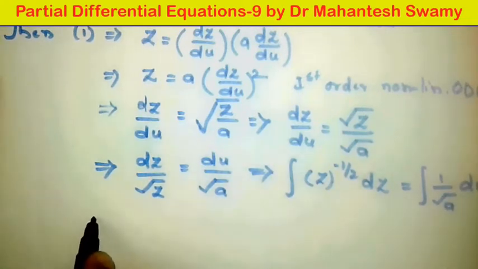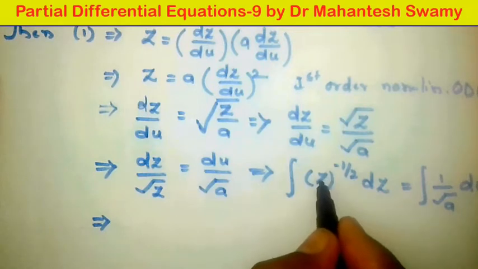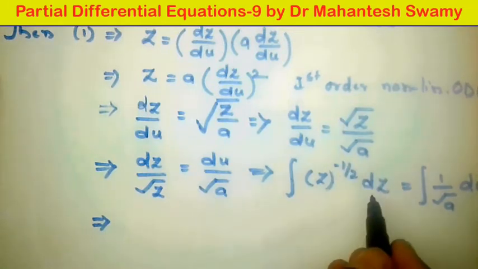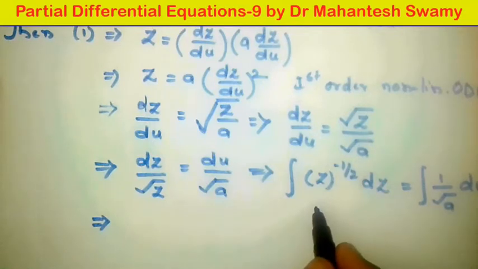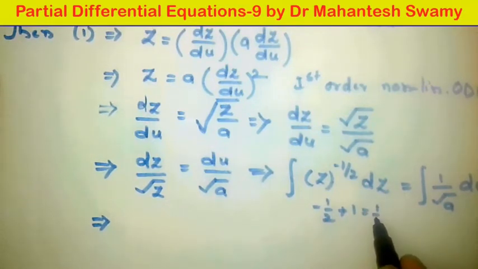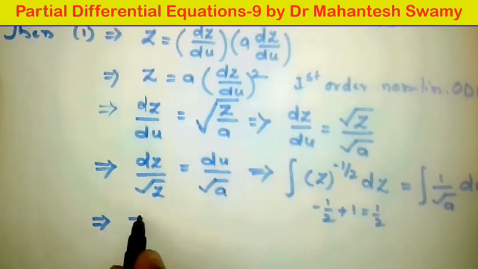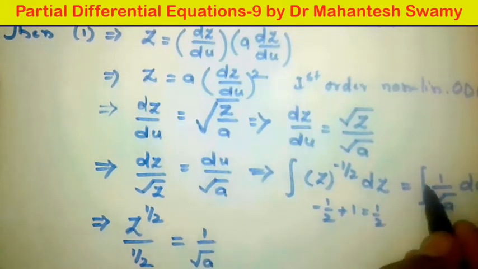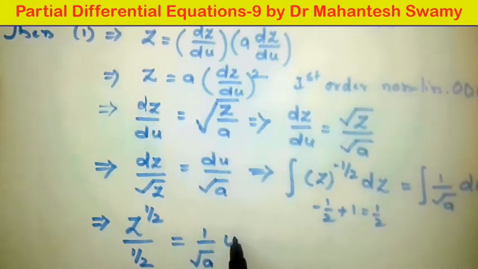Now we substitute the integral. The integral of z to the power n is z to the power n plus 1 divided by n plus 1, that is minus half plus 1, which becomes half. Therefore it is z to the power half divided by half on the LHS, whereas on the RHS 1 by root a is a constant, and the integral of 1 with respect to u is u plus some constant of integration c.